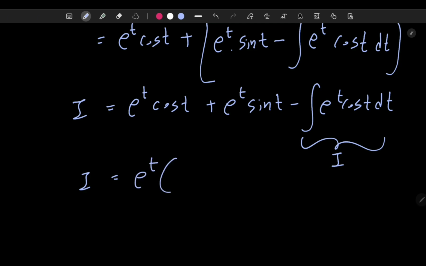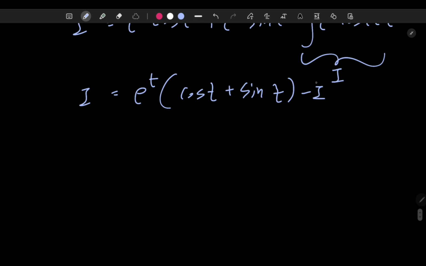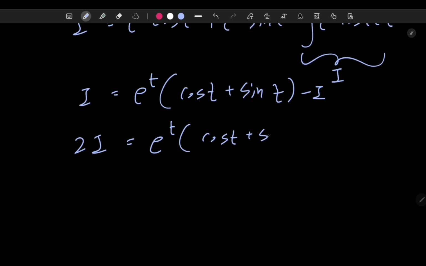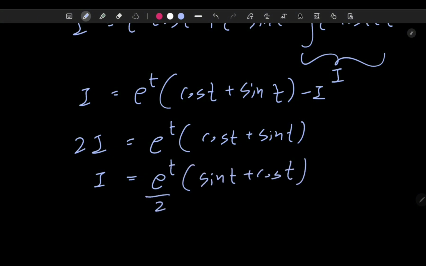I'm going to take the common factor e to the t outside, cos t plus sin t, minus I. Now I'm going to add I to both sides, then it is 2I equals e to the t times cos t plus sin t, right? Now I'm going to divide by 2, e to the t times sin t plus cos t over 2.